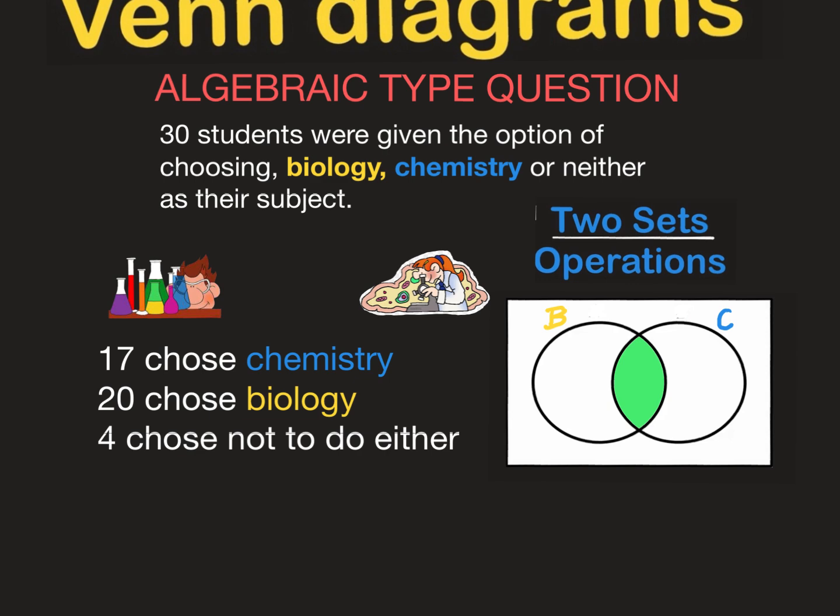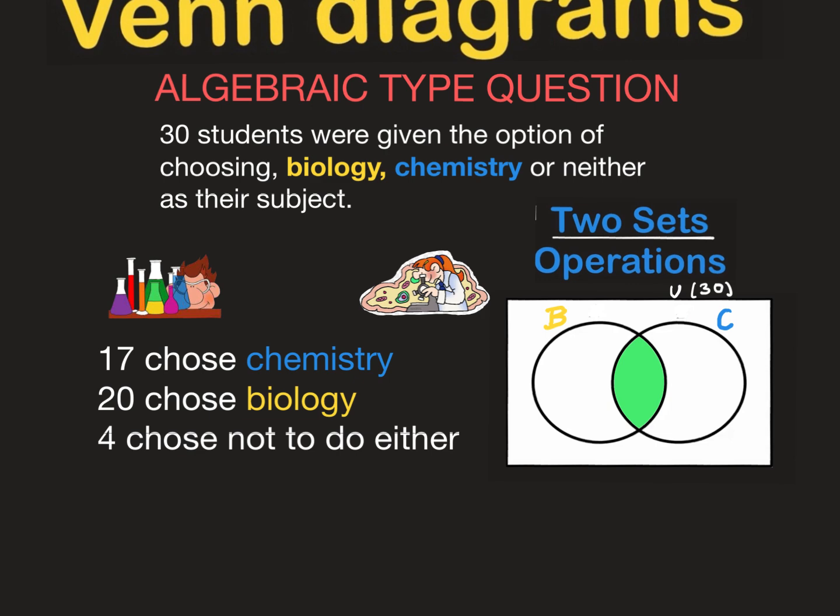So I could write here universal is 30 students altogether. These students will belong to set B, C, and the intersection and anywhere in the rectangle. That is anywhere in the universal set, as the universal set represents all the students.